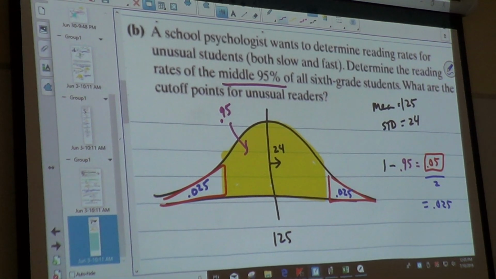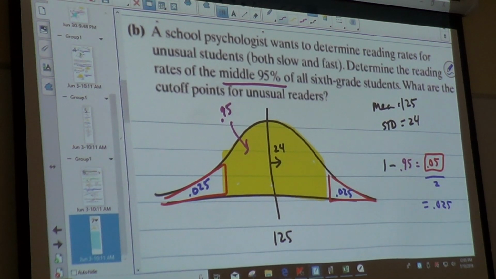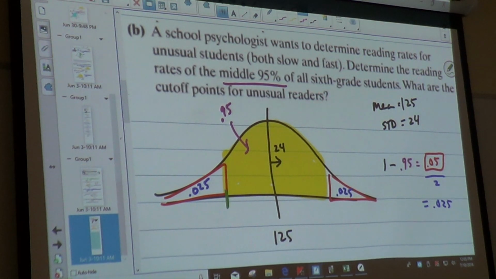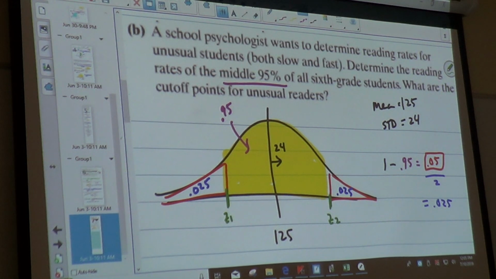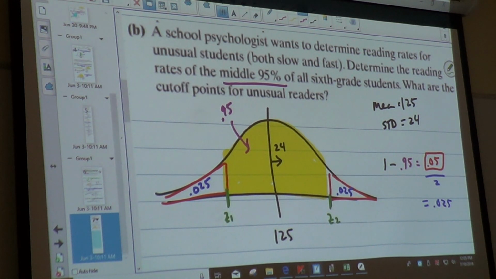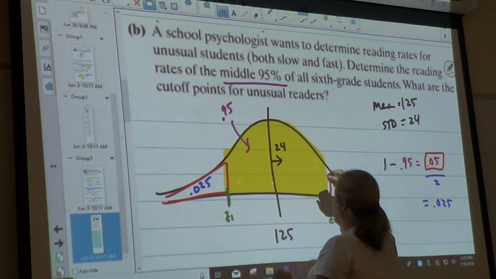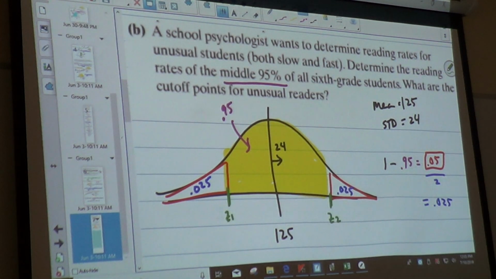Now, it says what are the cutoff points, which means I need to know this point, which I'm going to call Z1, and I need to know this point, which I'm going to call Z2. So I've got to work out a problem to get this point, and a problem to get this point. I've got to figure out what are those two cutoff scores.